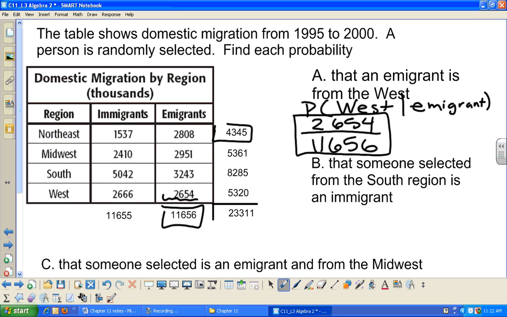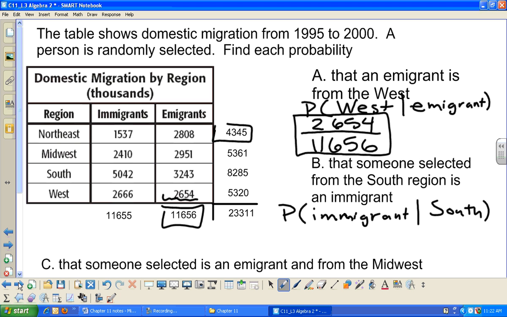B. Someone selected from the South region is an immigrant. So if I'm writing this out, I'm going to write the probability that they're an immigrant given that they're from the South region. So my given that statement is from the South.